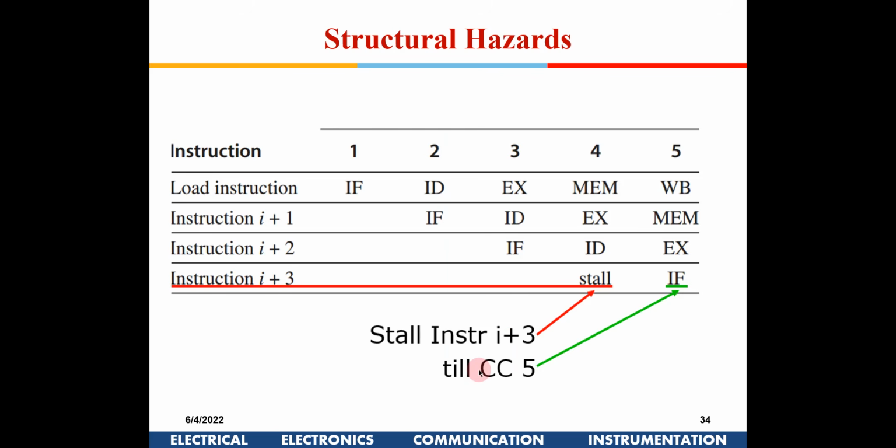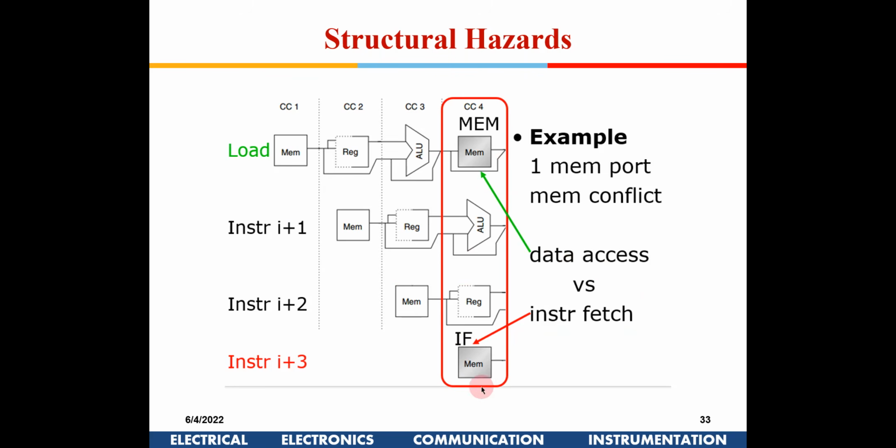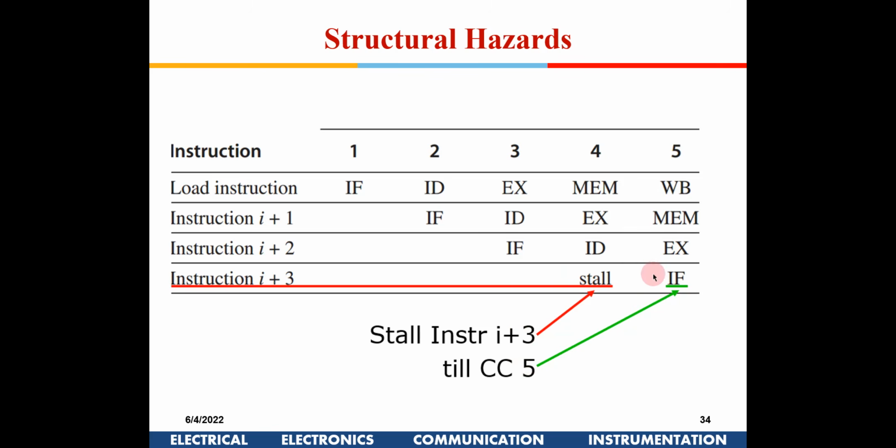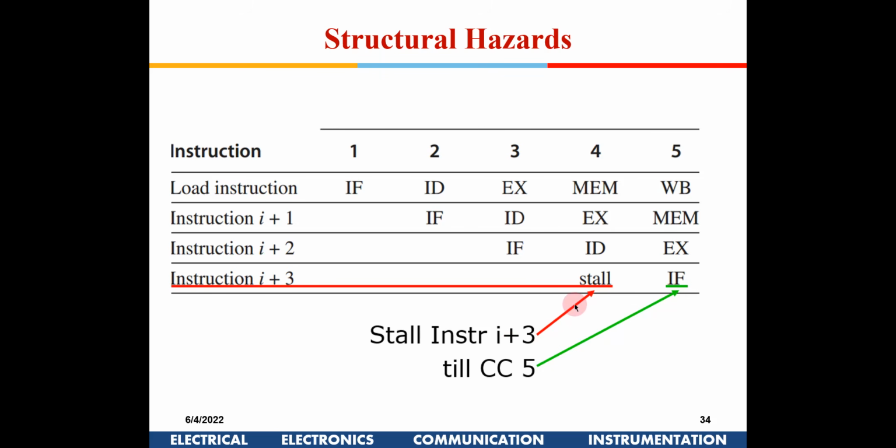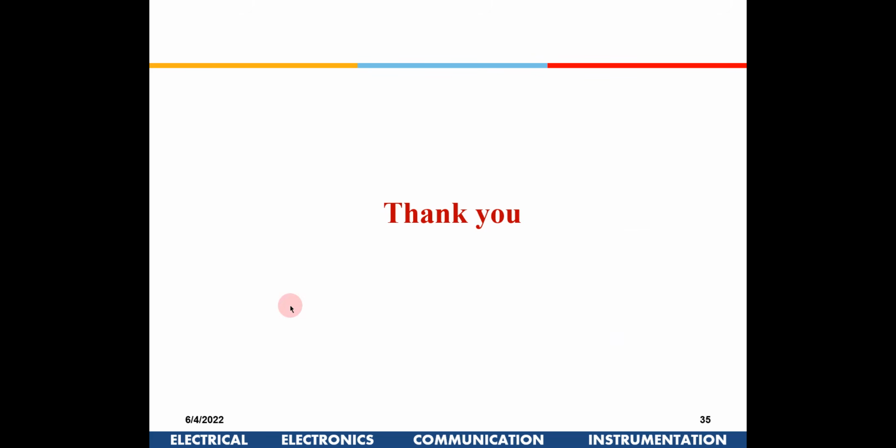This is again showing the memory being used in the same way. Here it is shown on the horizontal time scale where it is being used. So this can be overcome by using multi-phase clocks. Okay, so with that we will call it off for today.